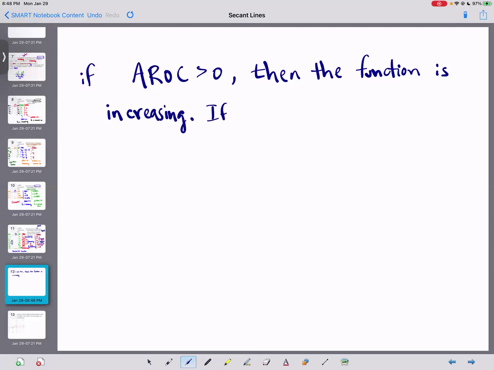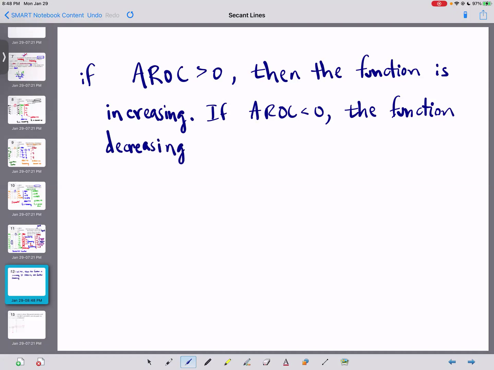If the AROC is less than 0, the function decreases. And I showed you that with exponential, logarithmic, and sinusoidal functions today.